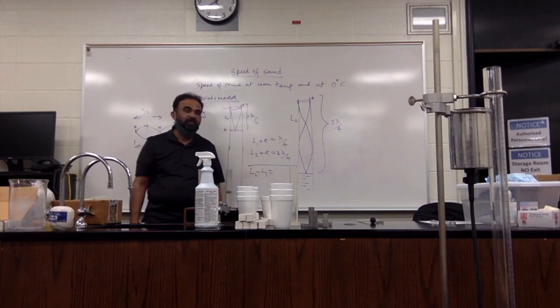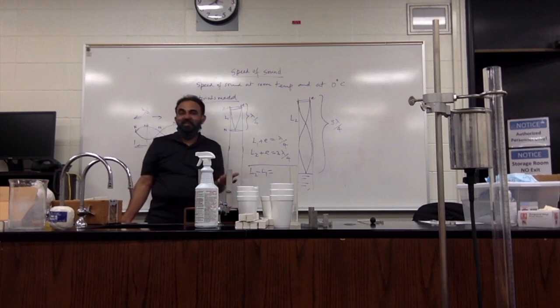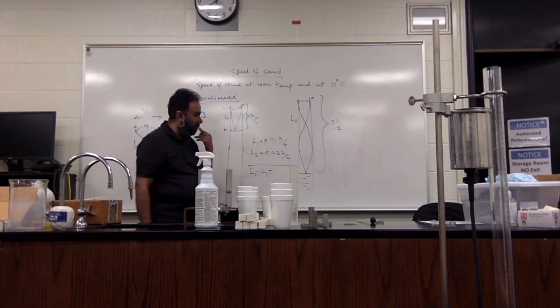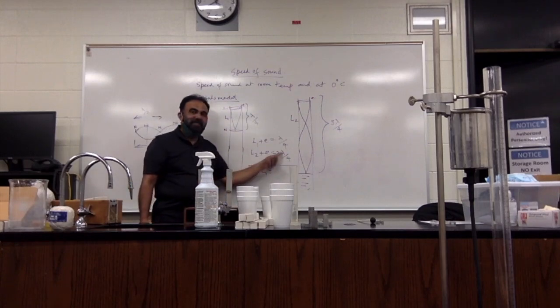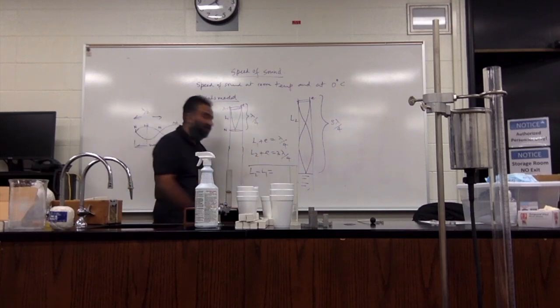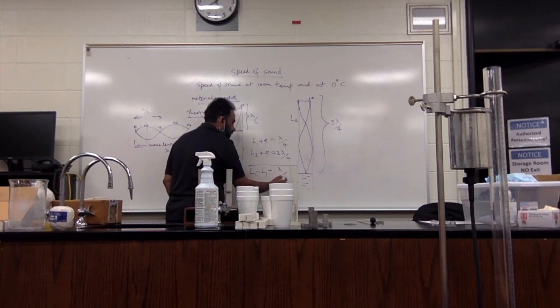What is 3/4 of a dollar minus 1/4 of a dollar? 50? Yeah, half a dollar. Normally when it comes to dollars, everyone gets it right. But in terms of lambda, no. So 3/4 of a lambda minus 1/4 of lambda is half a lambda.